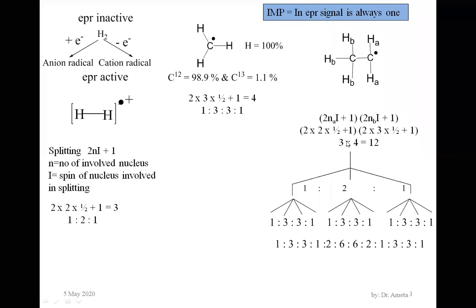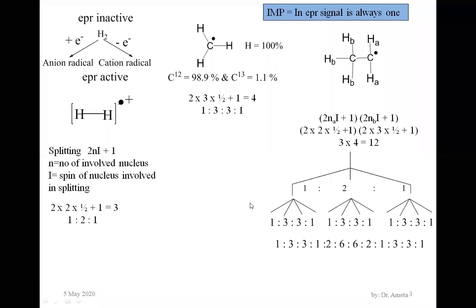These two hydrogens split into 3 lines, and their intensity ratio is 1, 2, 1. Then these 3 lines further split into 4 individual lines. So each one is split into 4, and their intensity is 1 is to 3 is to 3 is to 1.